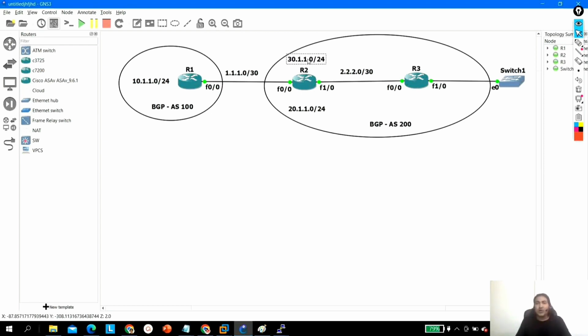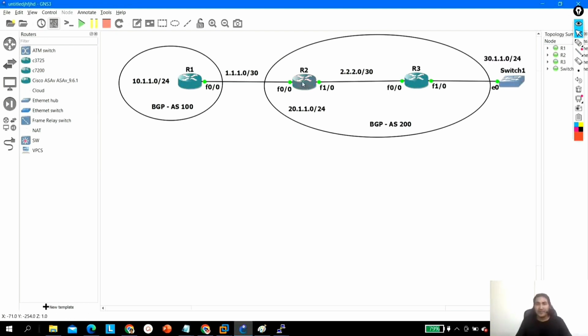So once router 2 receives this route through interior gateway routing protocol, router 2 will start using this prefix, this route, and router 2 will start advertising this route to eBGP neighbor. So router 1 will also get this network, right?